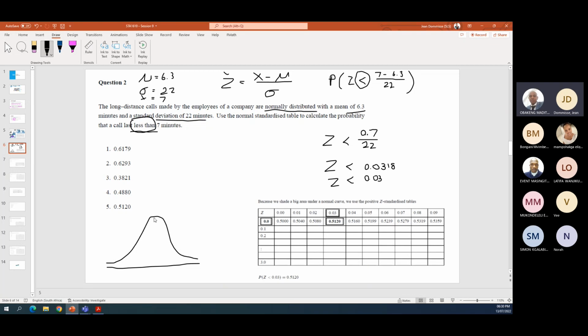Okay, so this is Z, always in the middle is Z equal to 0. So 0.03 is just more than that. So let's just put 0.03. So we are looking for the area less than. So look at that, less than. So it's the area to the left of that because it's less.